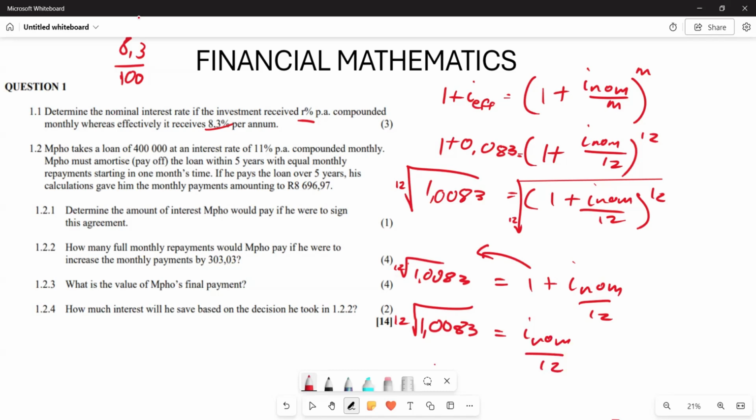Then you cross multiply from here. Remember here it's subtract 1. Remember this one, we took it to this side.